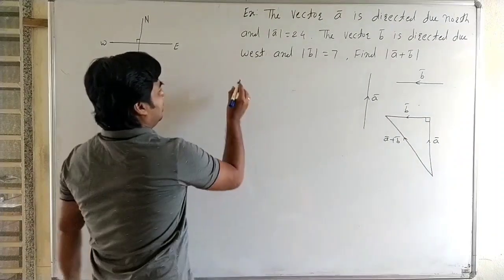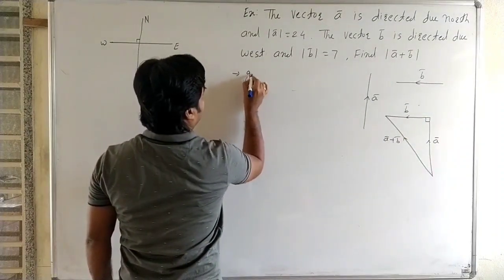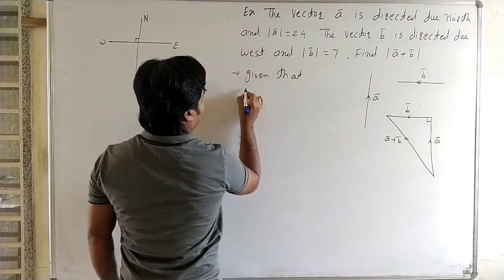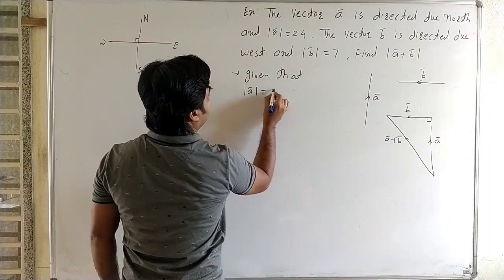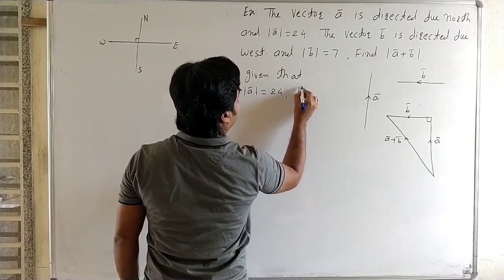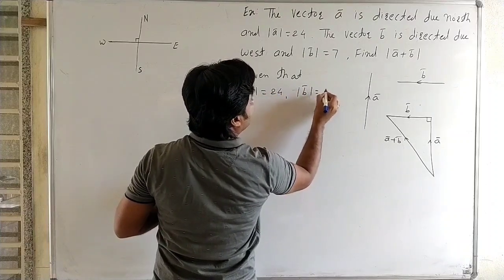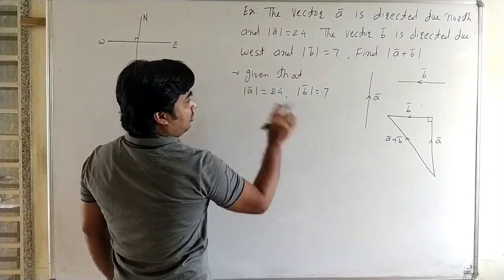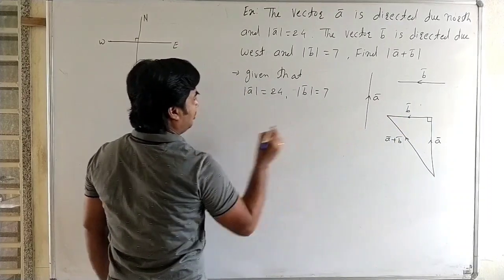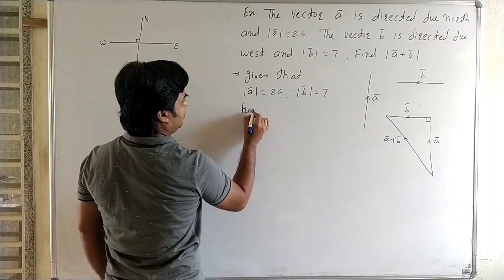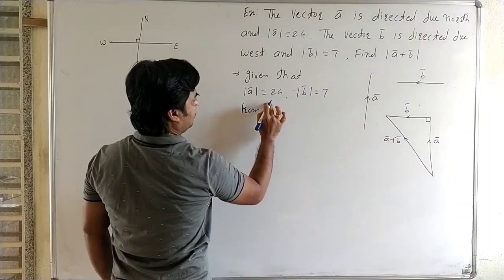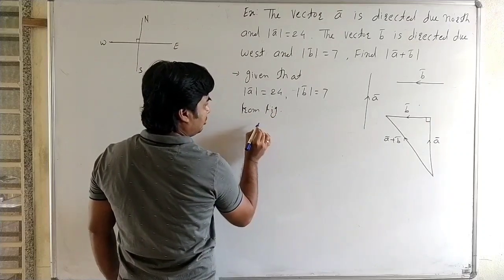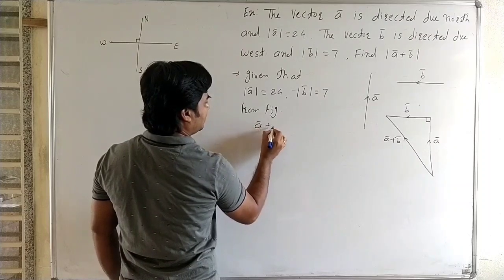Here it is given that the magnitude of vector A bar is equal to 24 and the magnitude of vector B bar is 7. Now from the figure, by the triangular law of addition, we get A bar plus B bar.